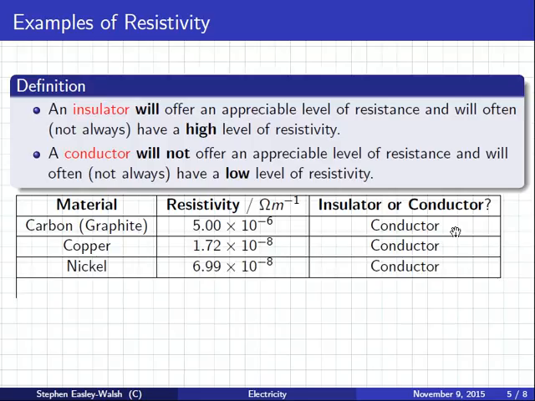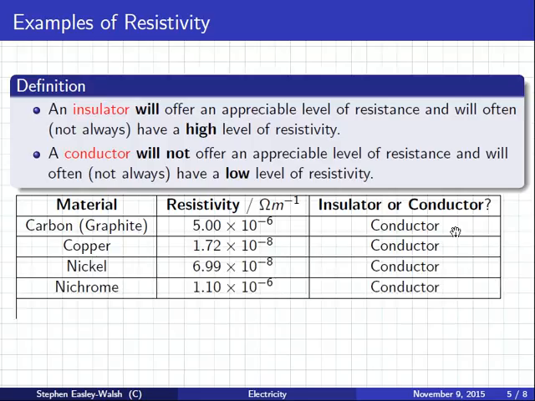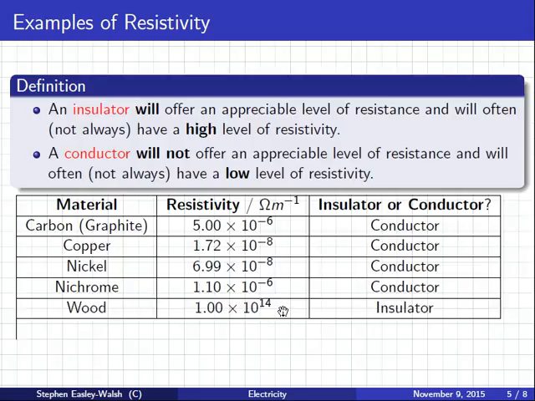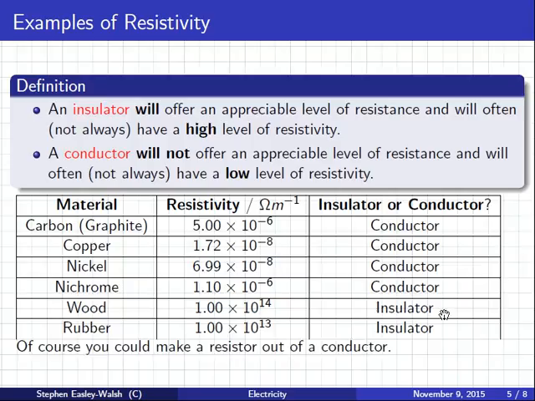Nickel is another metal, also a good conductor, and so is nichrome. Wood, now look, see what happens to the power. It goes from a negative power to a positive power, and wood is an insulator. What about rubber, like on your shoe? Insulator. Okay, so these values you will need. Can you write this table down?